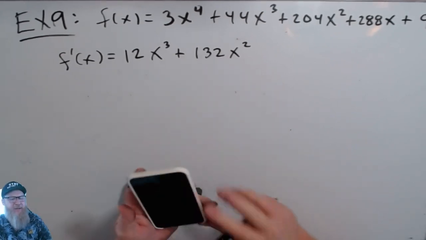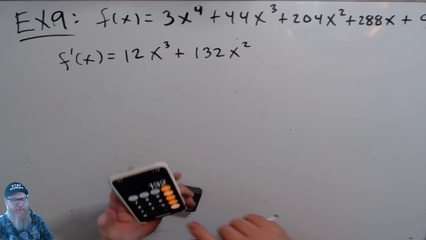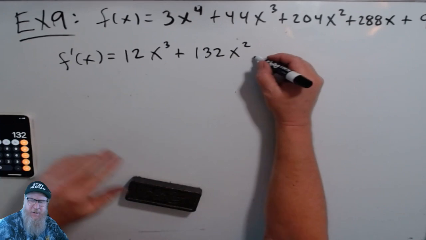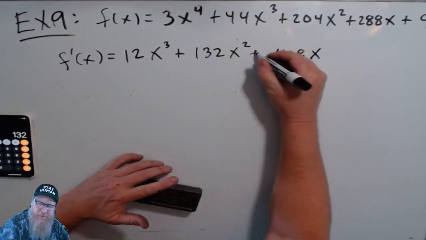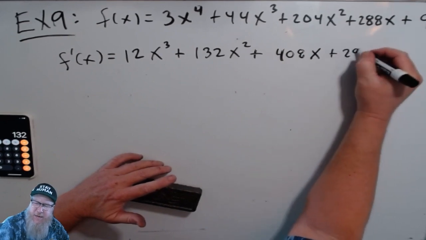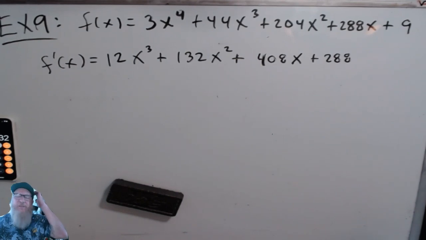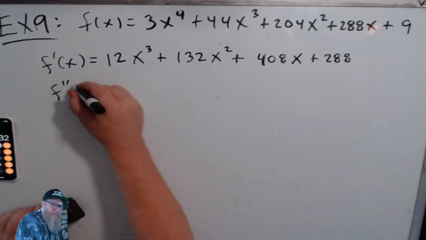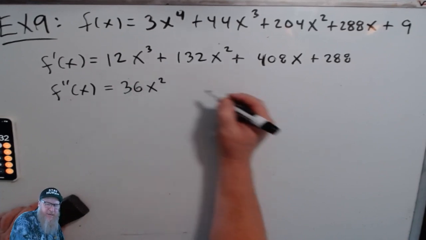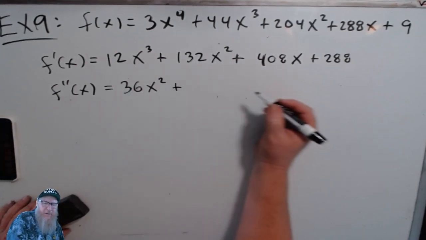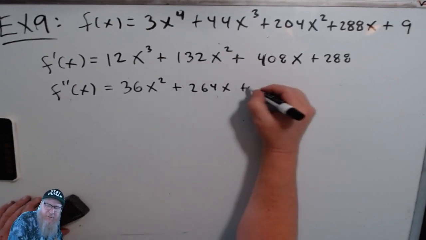Then just check it with a calculator. 132, 408, and 288. And then the 9 is constant, so the derivative is just 0. Second derivative, 36x squared plus 264x plus 408.